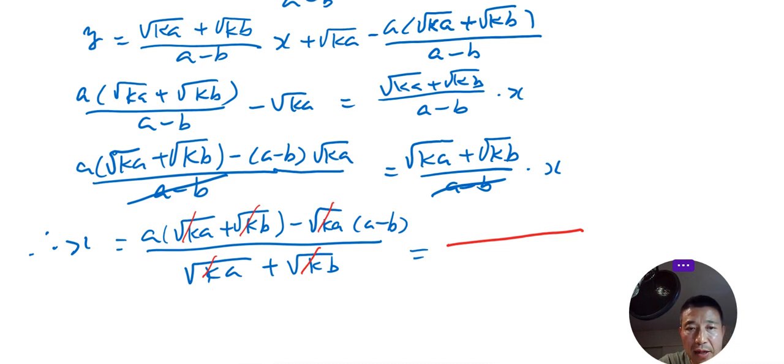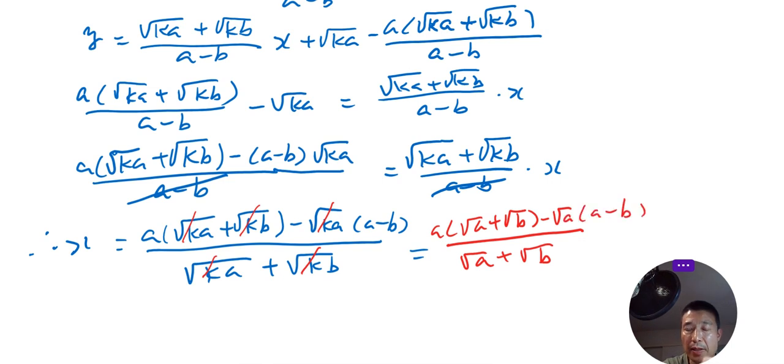So what is left now is the square root of a plus the square root of b, right? And then at the top, a times the square root of a plus the square root of b, minus the square root of a, times a minus b, isn't it?